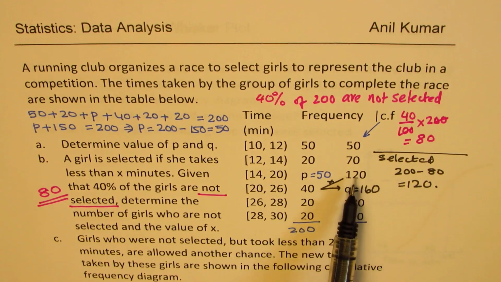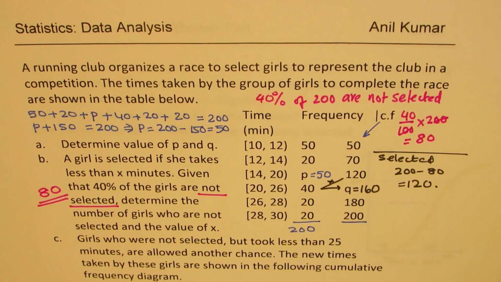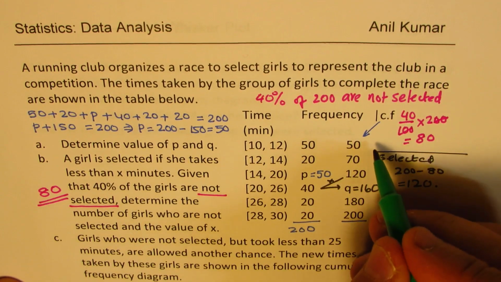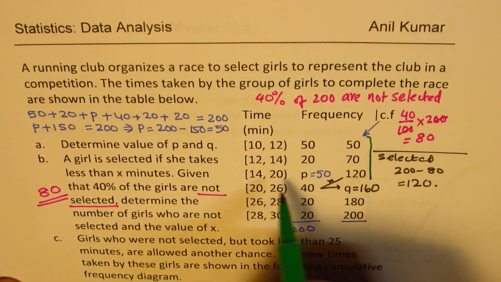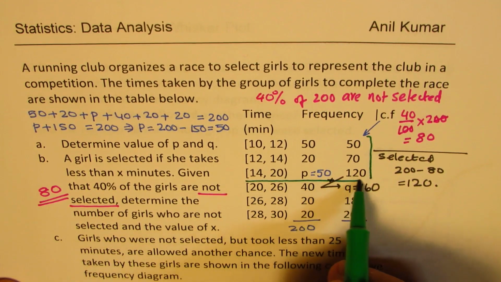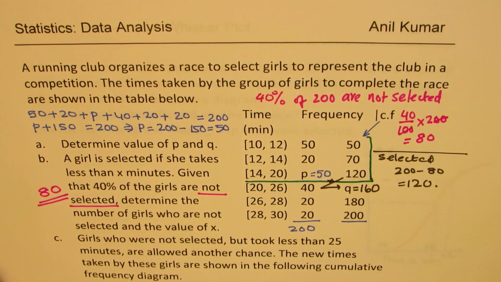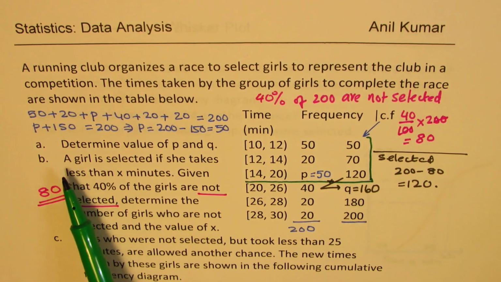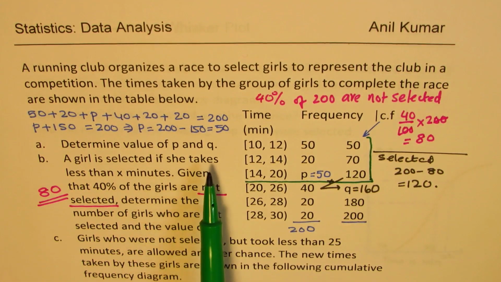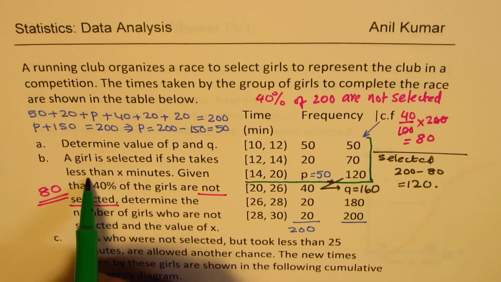Now, the selected are the fastest 120, right? So the fastest 120 will be this group. So that is the cutoff, right? Now it clearly says a girl is selected if she takes less than X minutes.